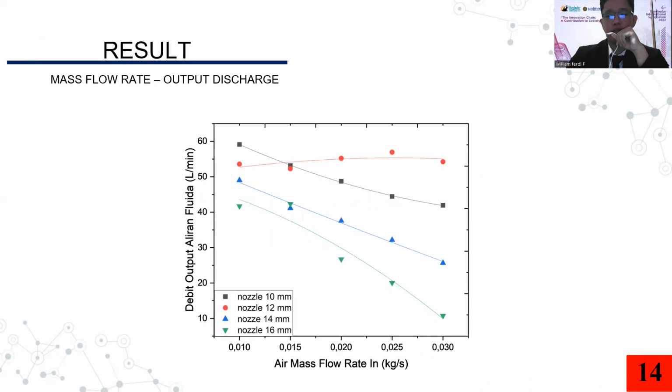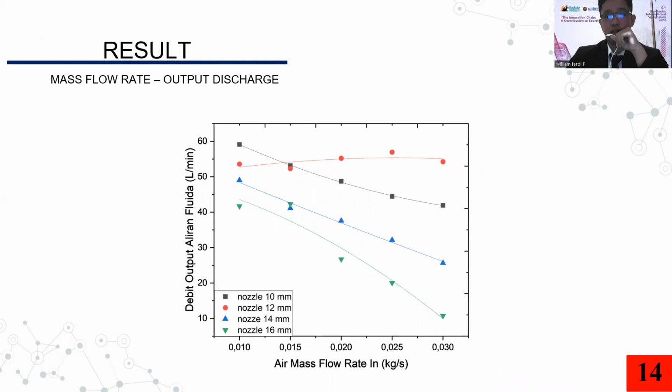And there's a different phenomenon in the 12 millimeter nozzle, which produces a discharge value greater than the 10 millimeter nozzle, starting at 0.020 kilogram per second mass flow rate until 0.030 kilogram per second.